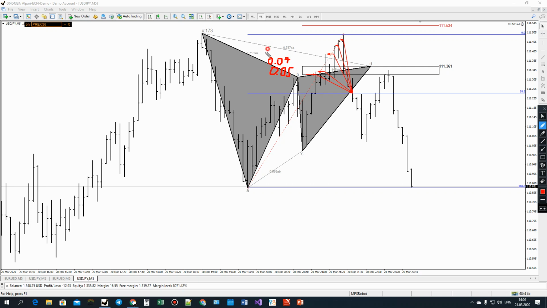The third one is 0.09. Number 4 is 0.11, and number 5 is 0.13. So 5 trades here, 0.13.